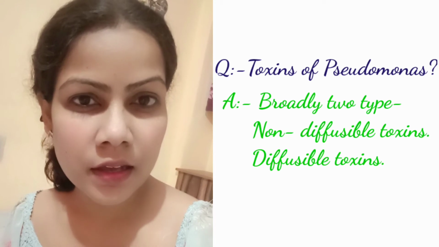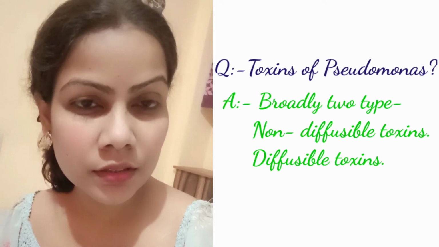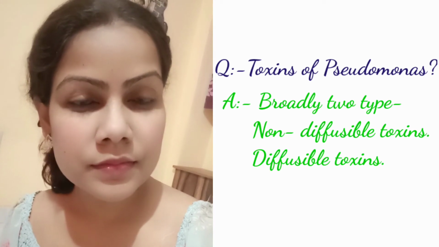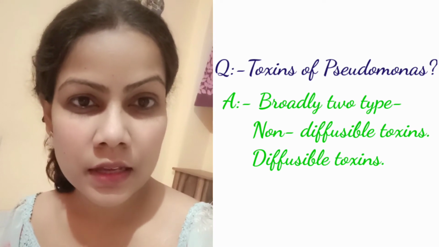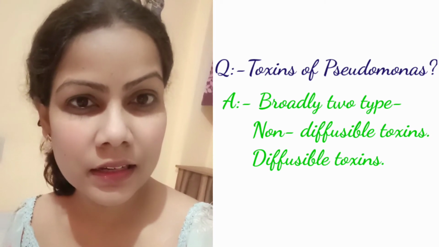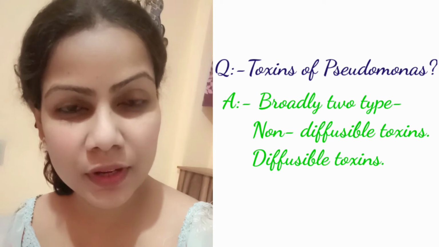Next is, mention the toxins of Pseudomonas. Then you should answer first, Pseudomonas produces non-diffusible toxin and diffusible toxin. Okay.